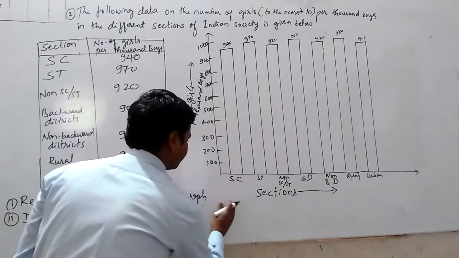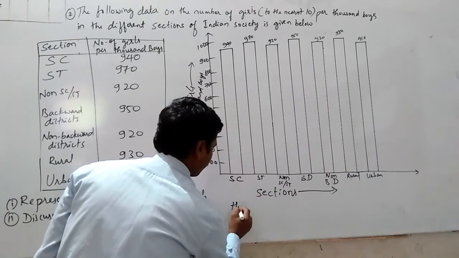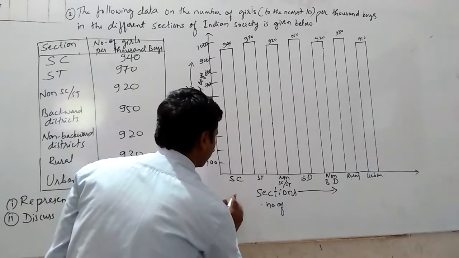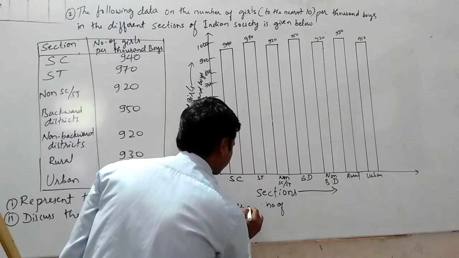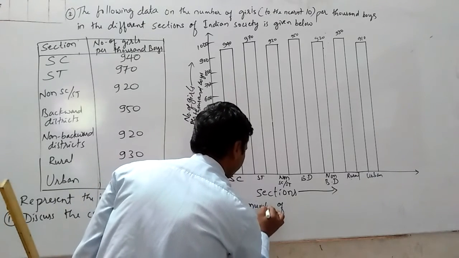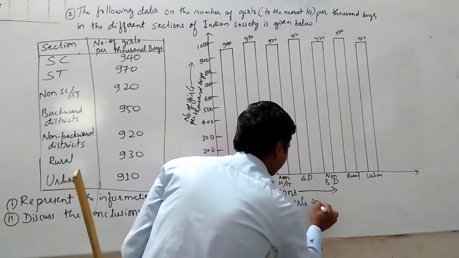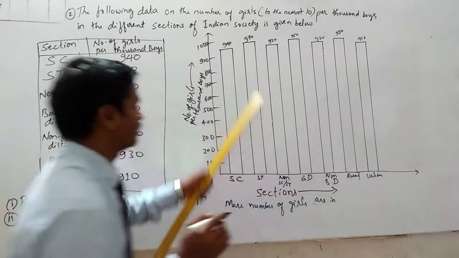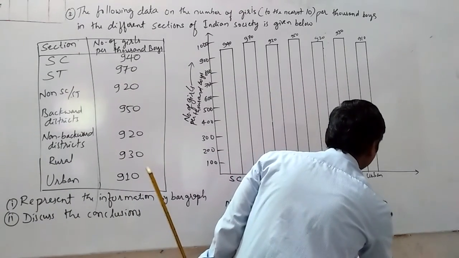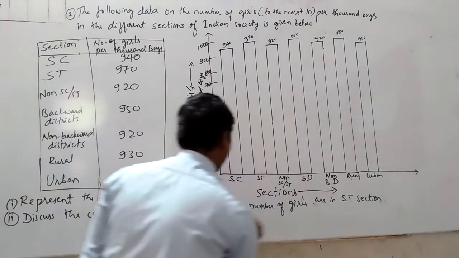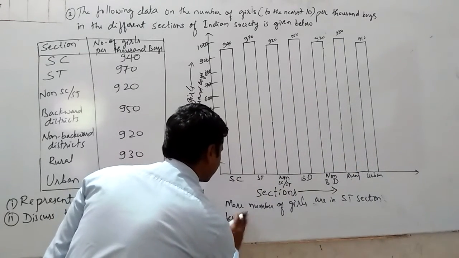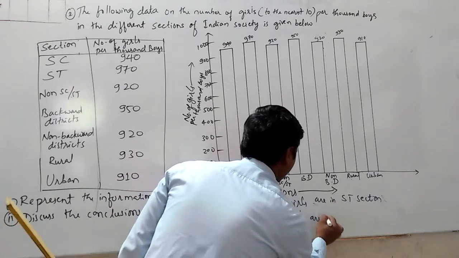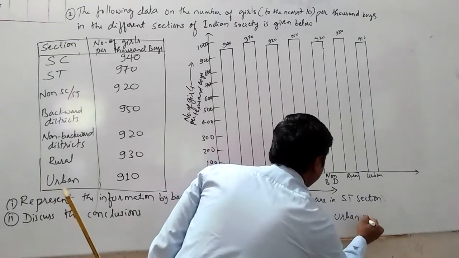More girls are in the ST section, and fewer girls are in the urban section.